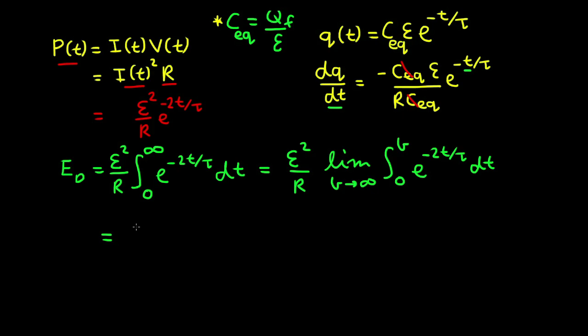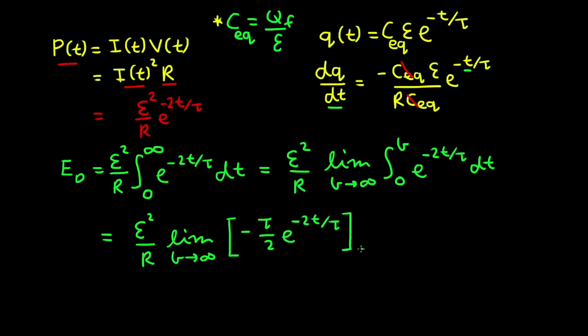So now if we evaluate this integral, we're going to get epsilon squared on r by the limit as b approaches infinity, and we have minus tau on 2 by e to the minus 2t on tau, evaluated from 0 to b.